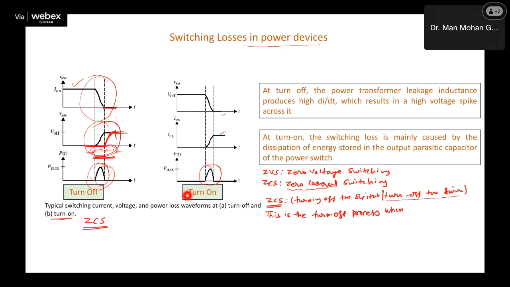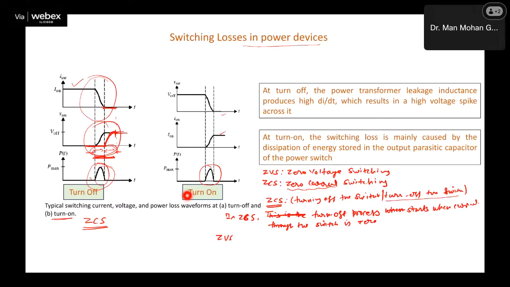You can say that in ZCS, the turn off process starts when the current through the switch is zero.